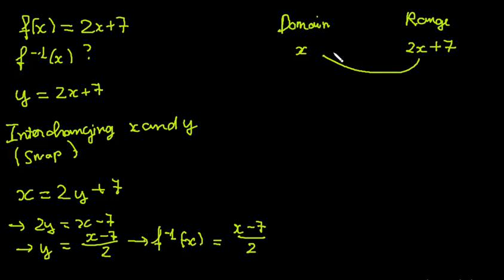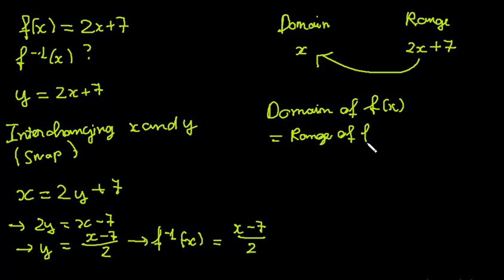So the domain of f(x) equals the range of f minus 1 of x. Because now when it's changed from here, this one becomes the domain, and this one becomes the range.